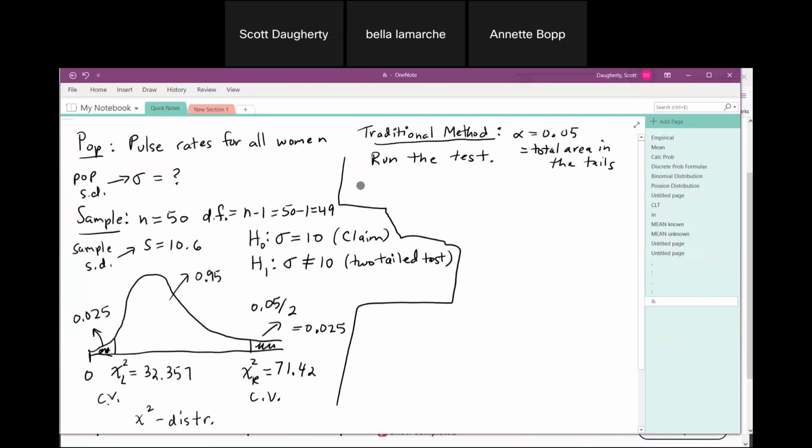And in this case, we're going to assume the null hypothesis is true. And the null hypothesis says that sigma is 10. So for just a moment, when we run the test, we're going to assume that this population has a standard deviation of 10.